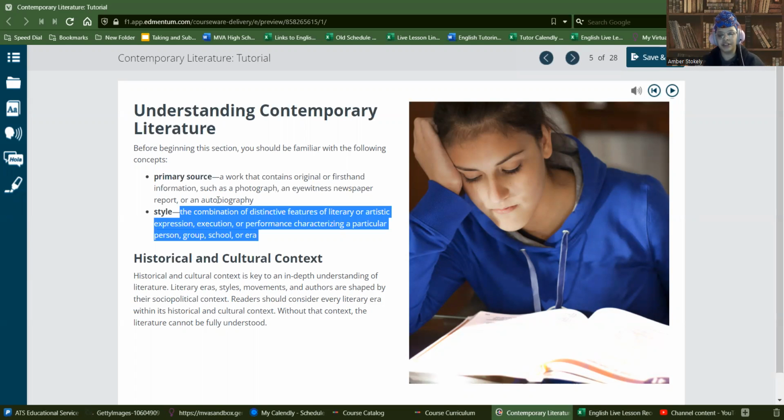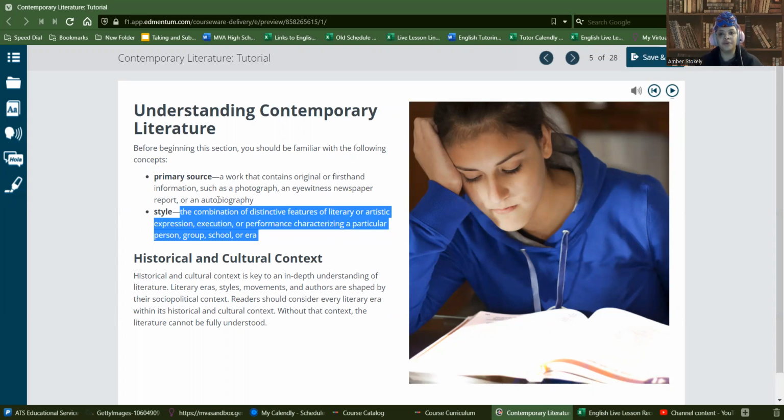So not just the types of words that they use, but sometimes the way that they use them, certain descriptions that they use over and over, whether or not they tend to use complicated words or simple words, whether or not they use a lot of heavy metaphors and imagery, or if they're just straight to the point, here's directly what it is.